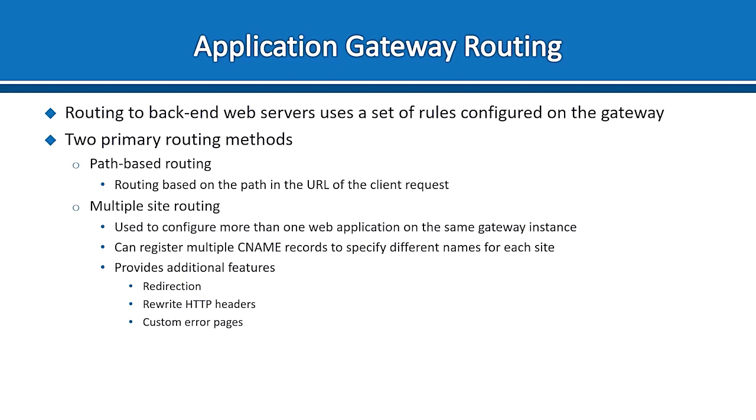We can rewrite HTTP headers, which would allow the client and server to pass parameter information with their requests and responses. We can also have custom error pages instead of displaying just the default, so you could brand those with your own information and whatnot. So it depends on the particular situation, but those are the two different routing methods.